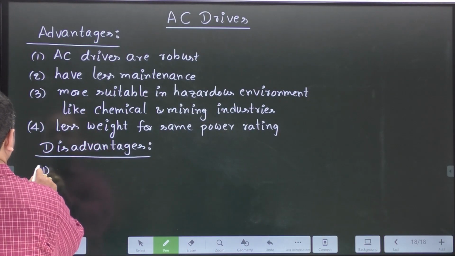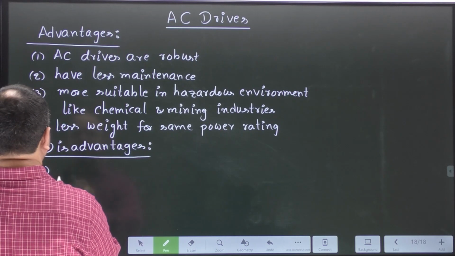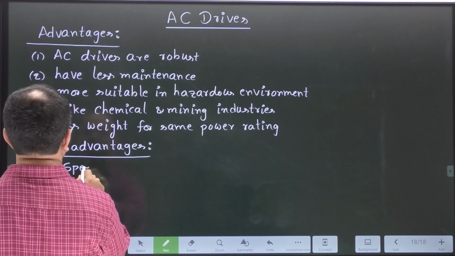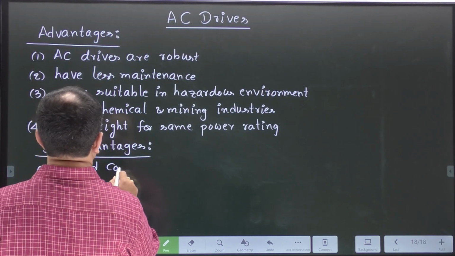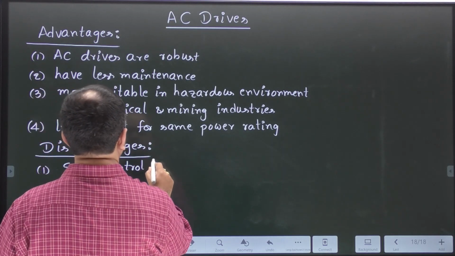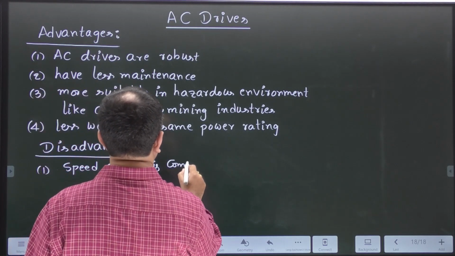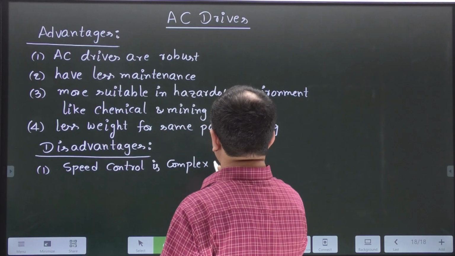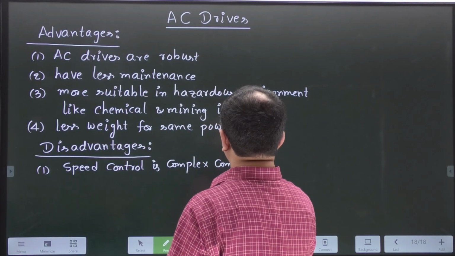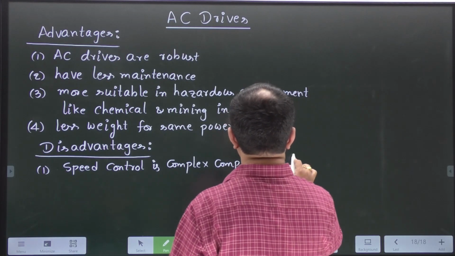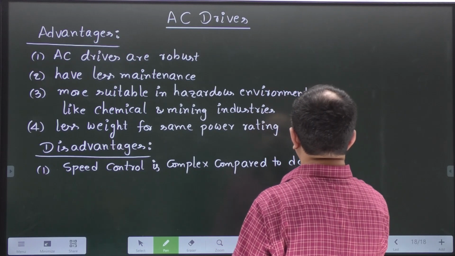In case of induction motors or AC motors, we can say speed control is complex comparative to DC drives.